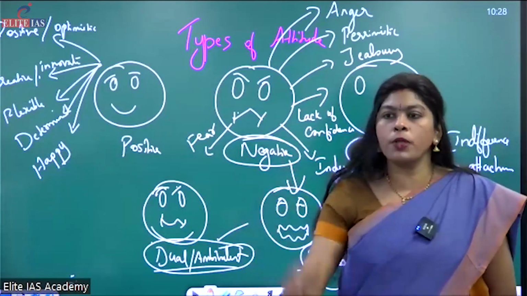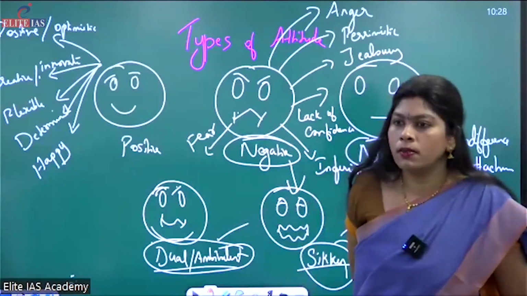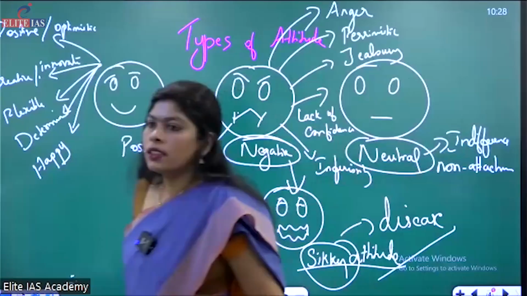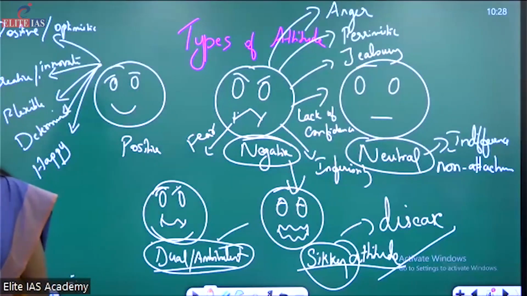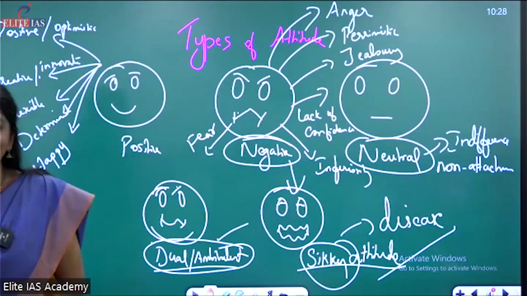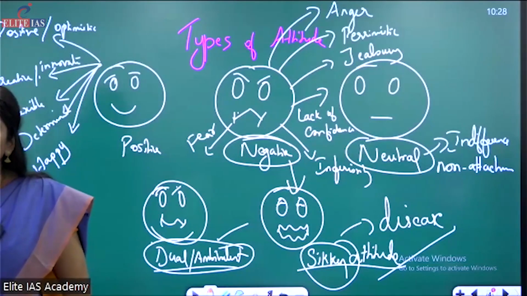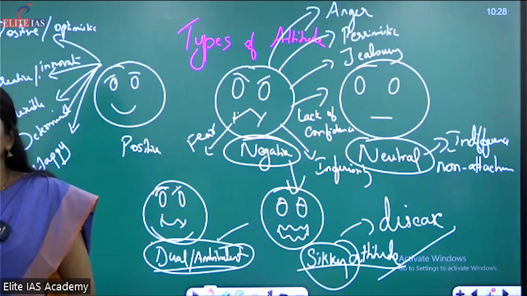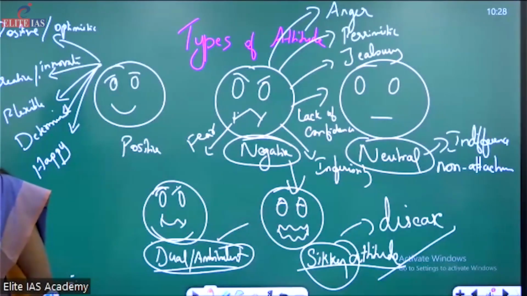Okay, any other options? How will you do that? You are saying God is watching you. That way, if that person is acting in the wrong way, then you can get him like that. But if he's having a negative attitude, the way he thinks itself is negative, how can we change that?